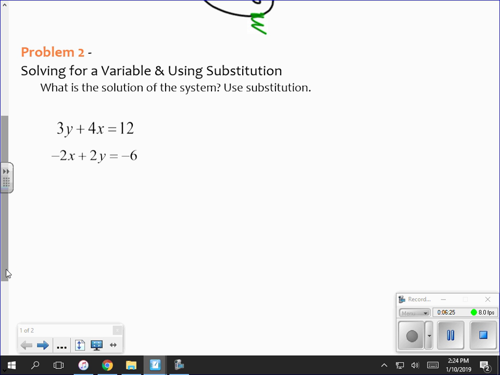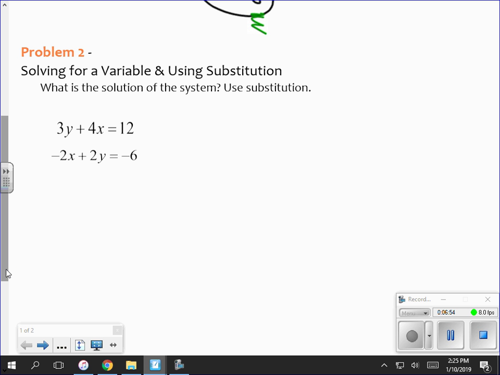I don't have y or x by itself. So what I need to do is take one of those two equations and rearrange it to get y or x by itself. I can do either one of them, but I can tell you which one's going to be the easy one. The second one. It's going to be the easy one to rearrange.